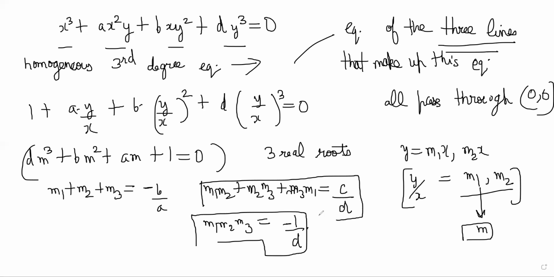And then you basically have a situation where you have multiple roots for that m, and we can find out m1, m2, m3 by the 3 Vieta's relations. That is possible to do. So now for this pair of straight lines, more or less the ideas are covered.